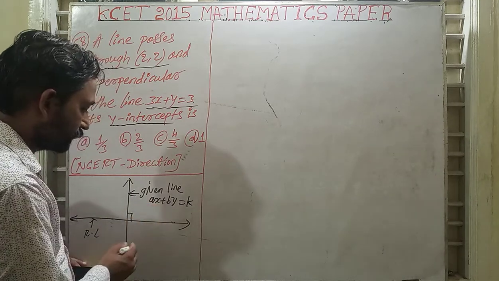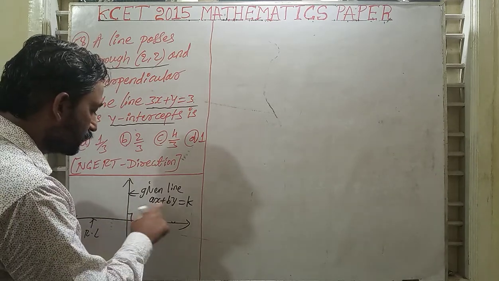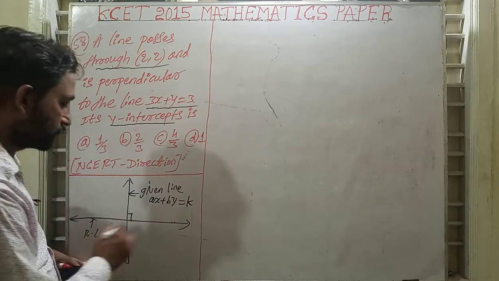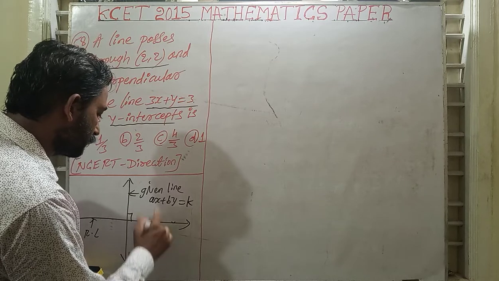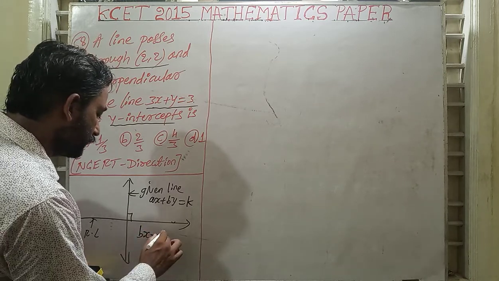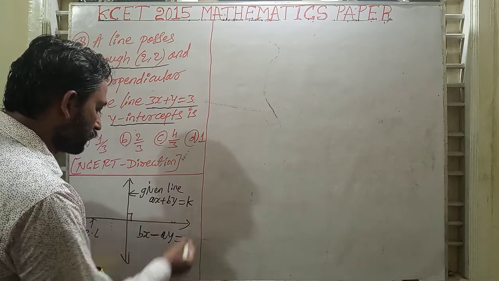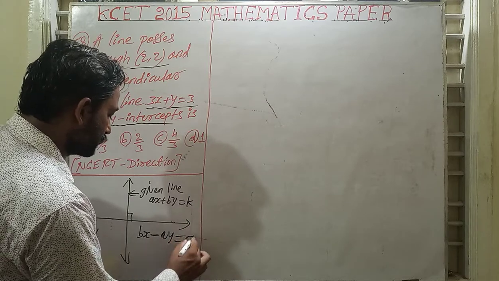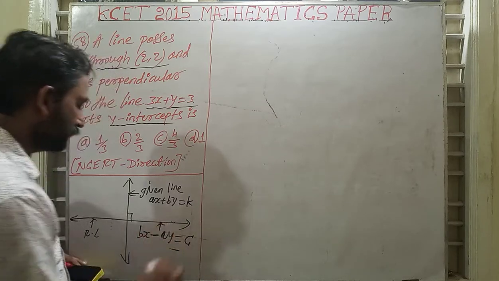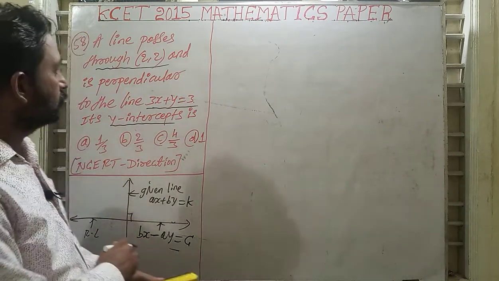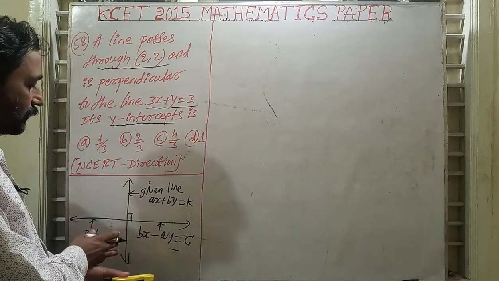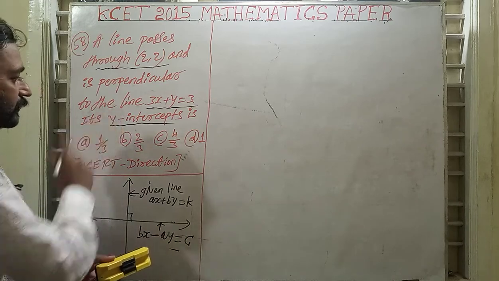It is the shortcut method. Interchange the x and y coefficients: it becomes bx minus ay, the plus changes to minus, is equal to a constant c. So this is the required line equation when both lines are perpendicular to each other. Using this concept, we have to find the y-intercept in this case.